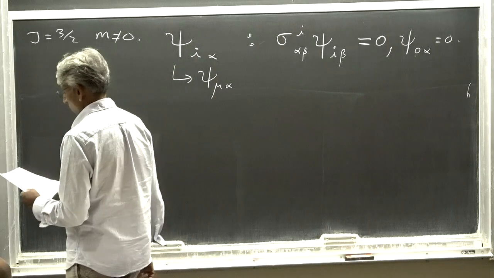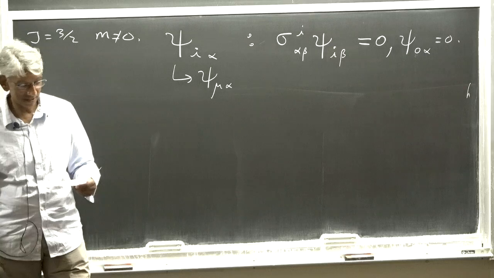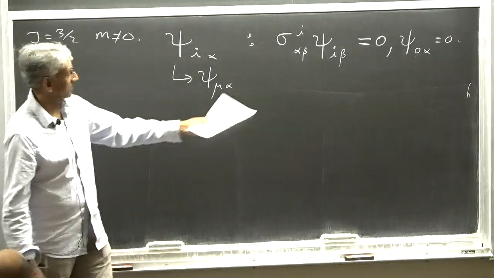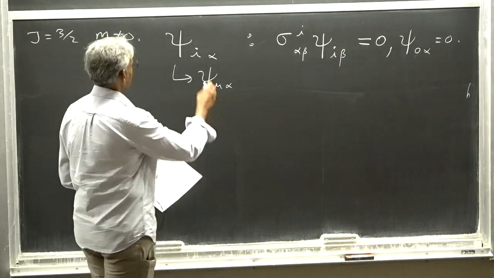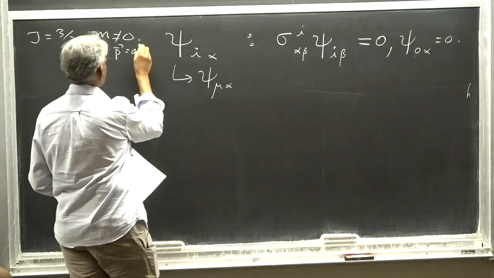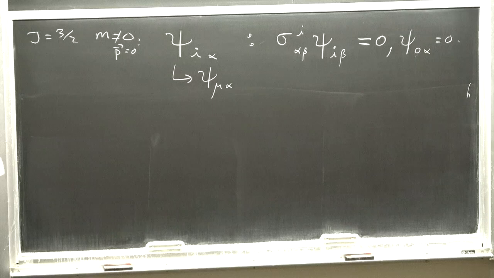And so you can ask, is there a kind of a wave equation, some generalization of the Dirac equation, which gives this in its rest frame, the p equals 0 frame, turns into this. And indeed, again, there's just a unique answer.